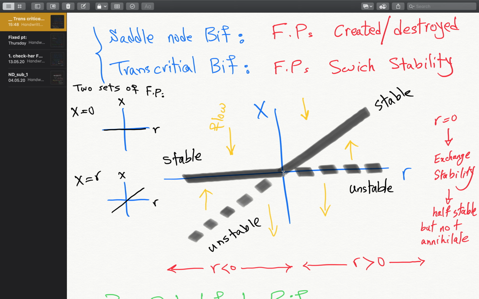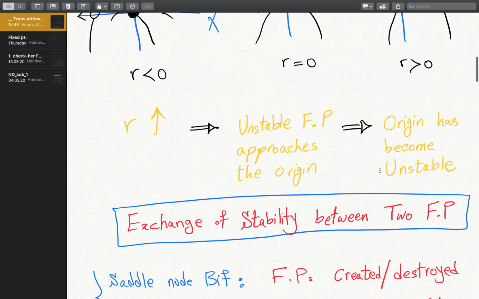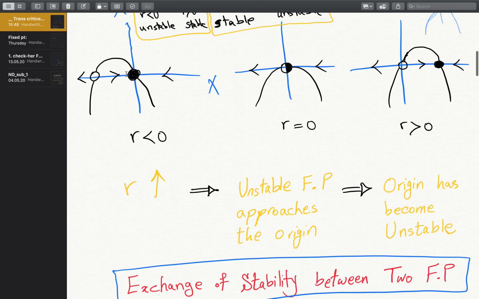So for the negative parts of r, we had this family of fixed points which are stable. This is the continuation of it, which is going to be unstable. Because the origin here was stable, and then at this half-stable point, it is going to be unstable.